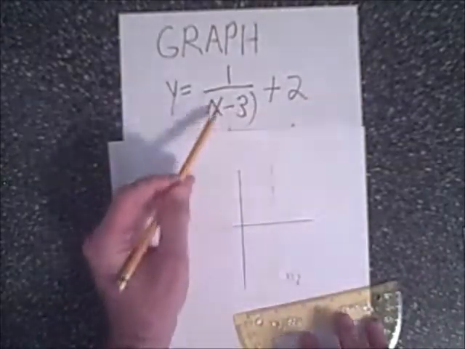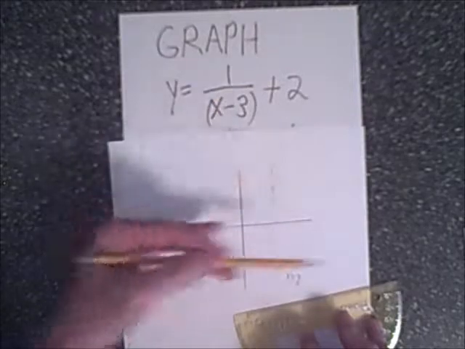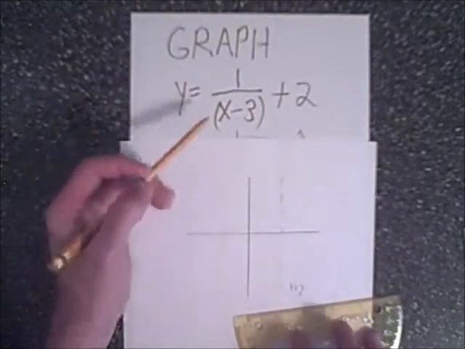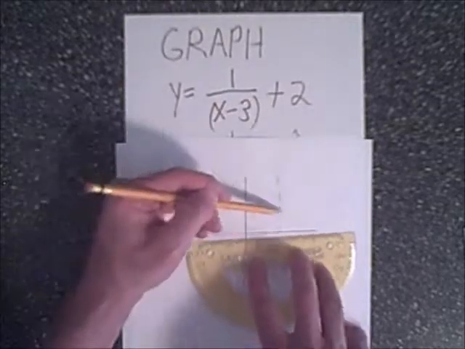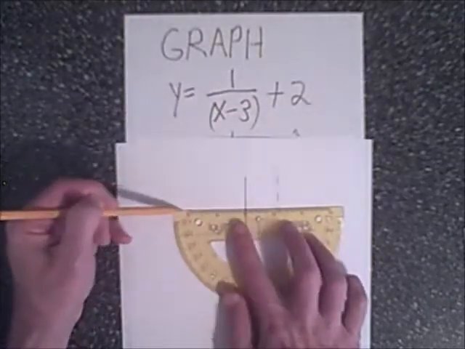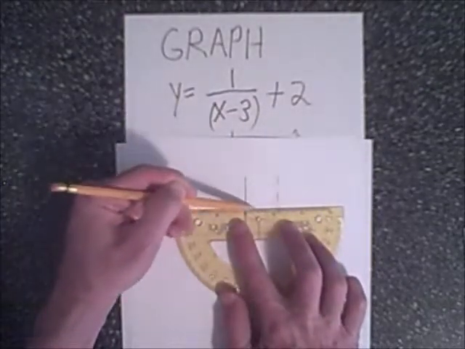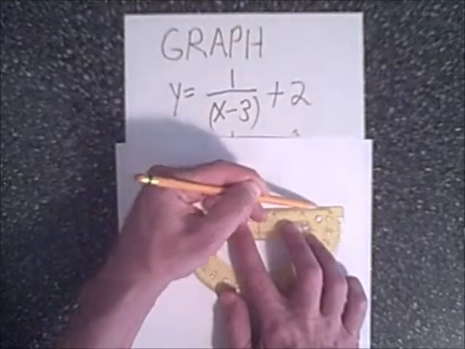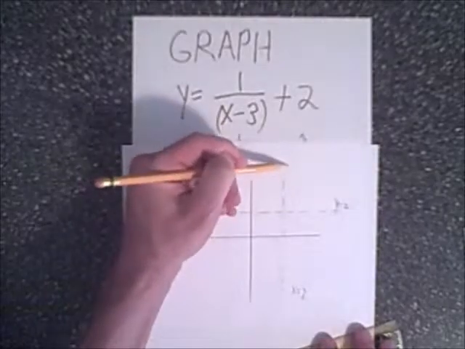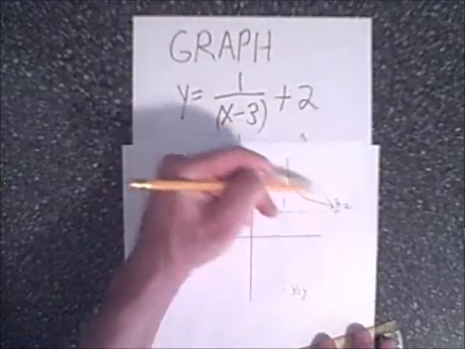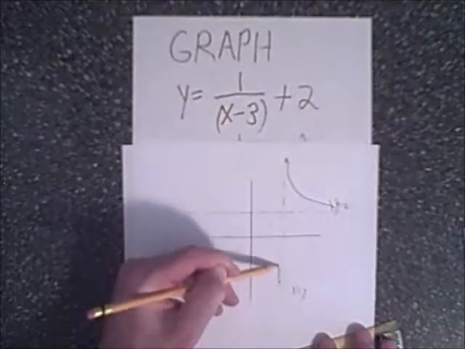Our horizontal asymptote, notice the function is going to approach 0 as we go positive to infinity, and it's going to approach 0 from the negative side as well. But our horizontal asymptote will be y equals 2. And from the sketch before, we know we're going to have something that goes up like that. And then down here as well.